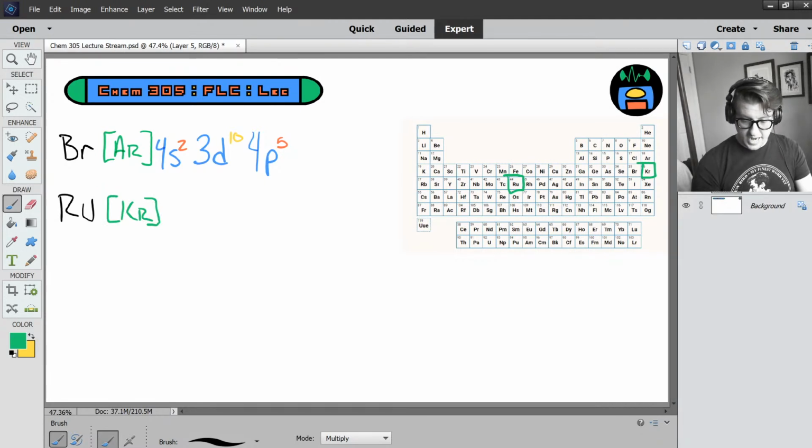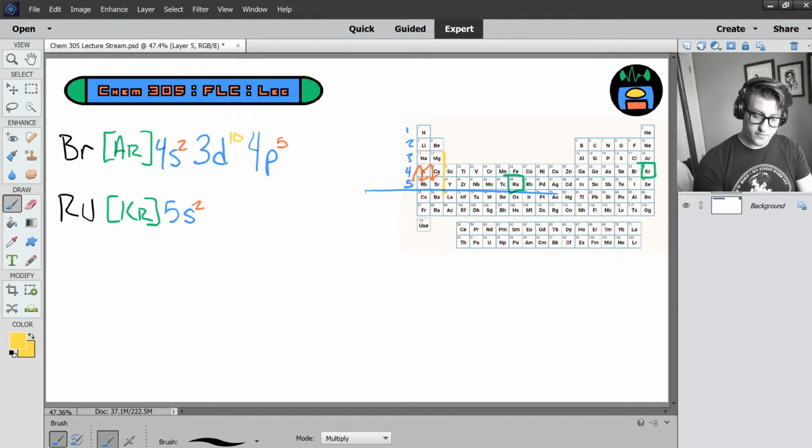We throw that in a bracket. Ruthenium is on the 5th period. All right, so we're going to start by filling our 5s subshell. And that will be a full 5s subshell.